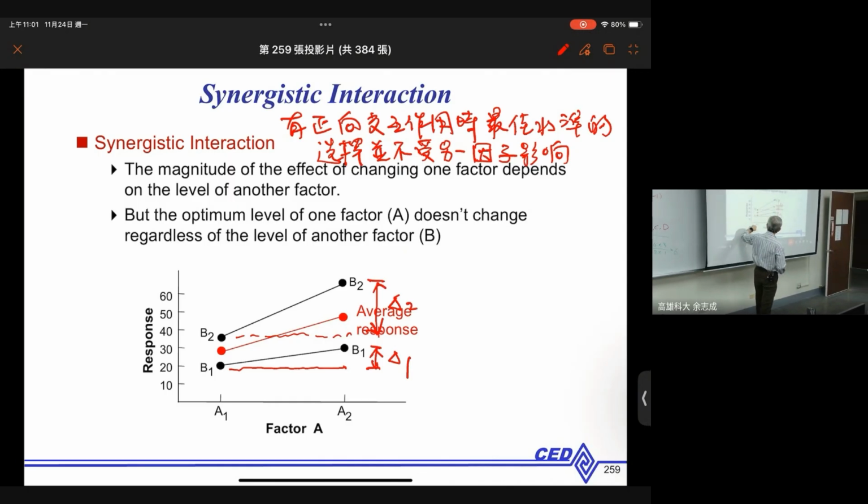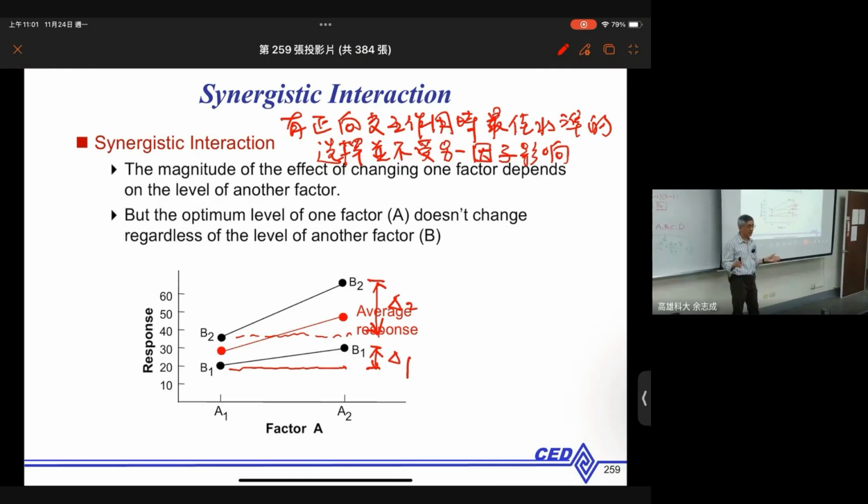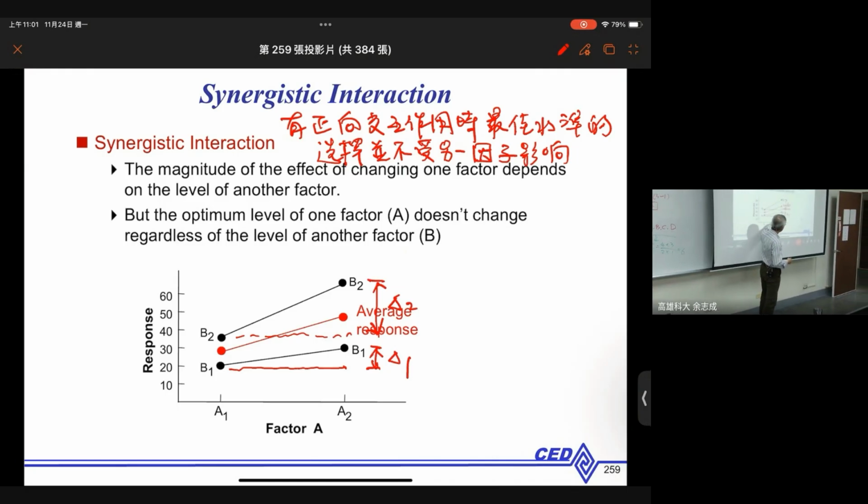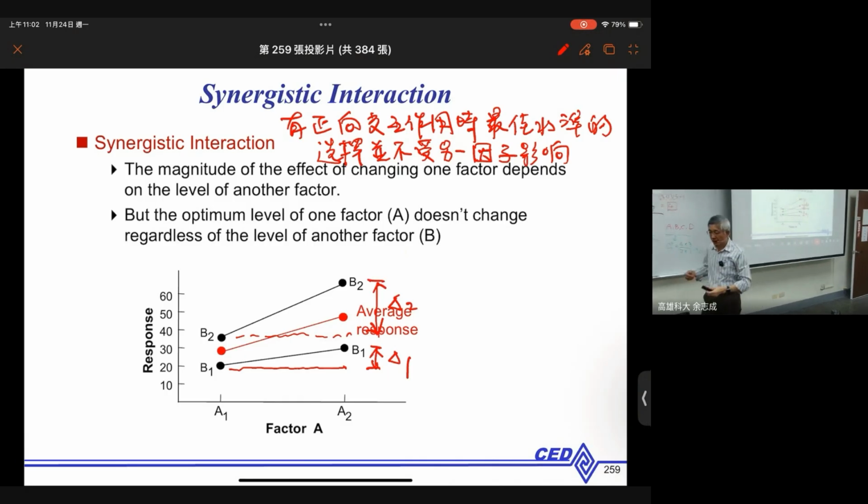And you can find out in the effect plot, you select A2. Because in the effect plot, we assume all the factors are independent. But when we consider the interaction of A and B, we have two lines. Unfortunately, even though there is some interaction, the selection of A is still the same as the selection from the effect plot.